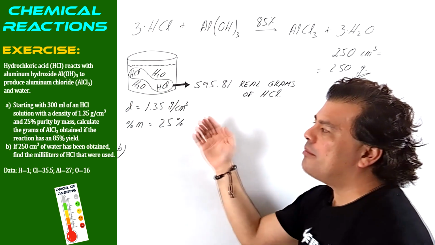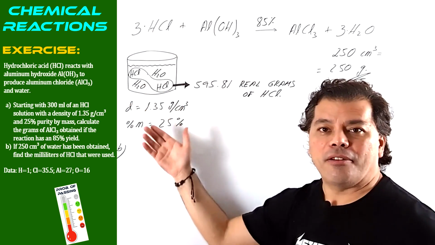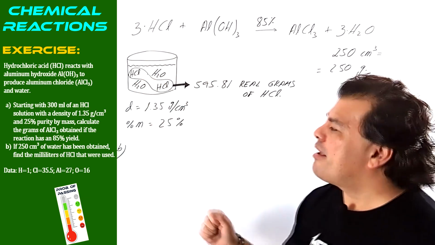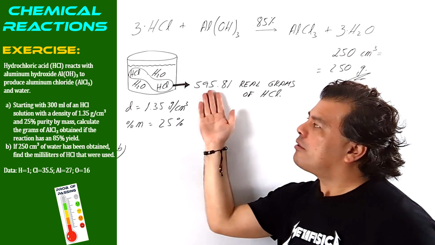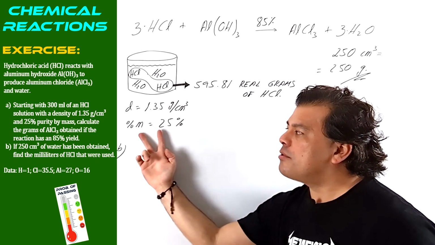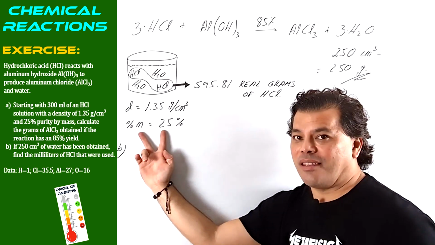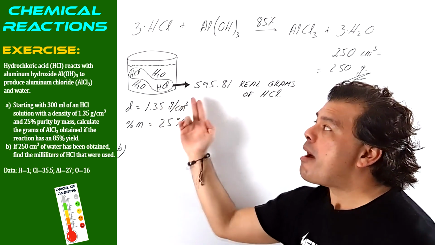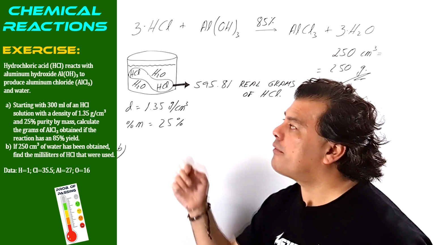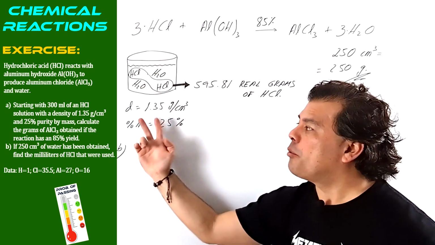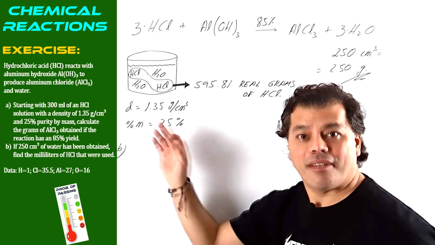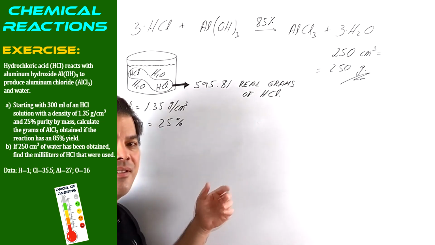So now it's time to properly use this data in order to calculate the milliliters of the solution that we will need. As this data corresponds to mass of solute, why don't we use the purity mass in order to calculate the mass of all this dissolution? And once we have the mass of this solution, we can use the density in order to calculate the volume of it. Okay? So let's do it.